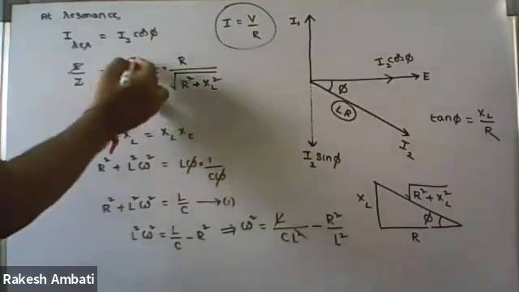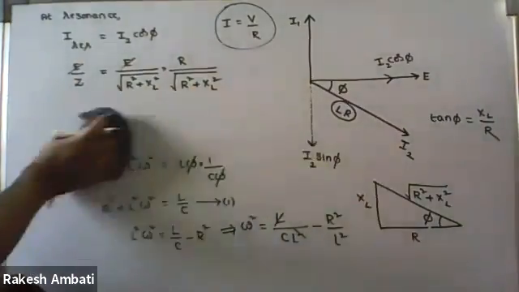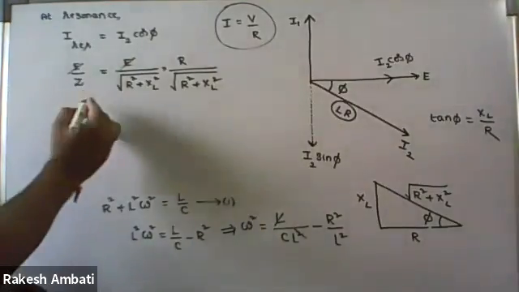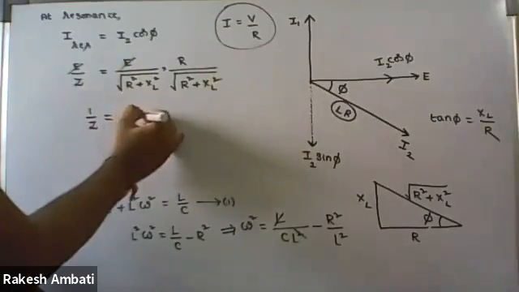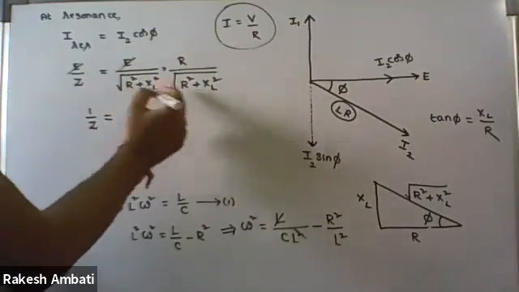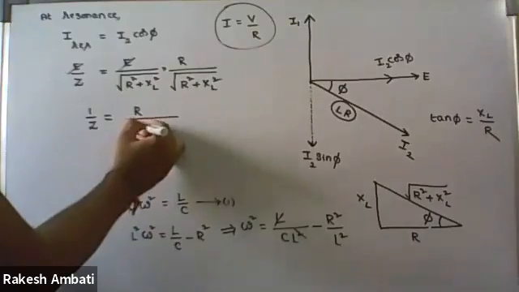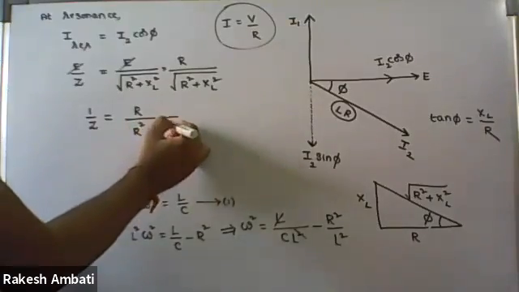So here E cancels out. After cancellation, on the left side we have 1 upon Z equal to, on the right hand side, numerator R, denominator R square plus XL square.